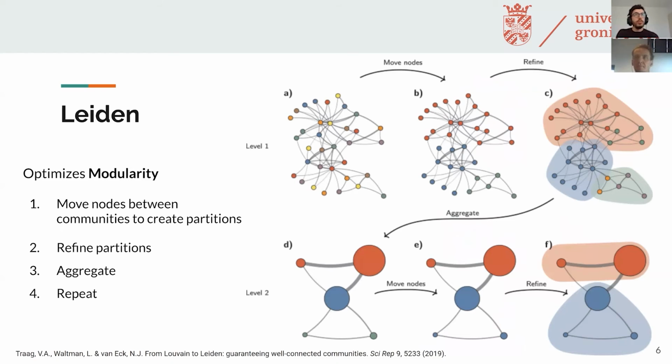The second algorithm that we use is Leiden. Leiden, on the other side, optimizes modularity, which is a measure of how cohesive and at the same time separated components are. In this case, it is structural cohesiveness and separation.